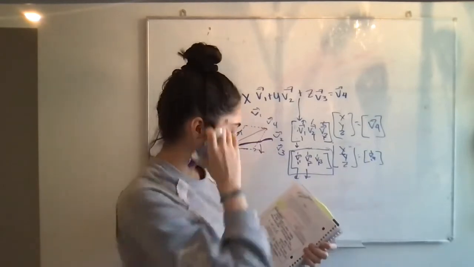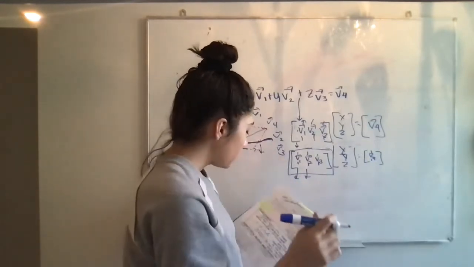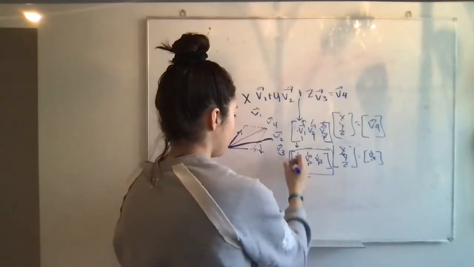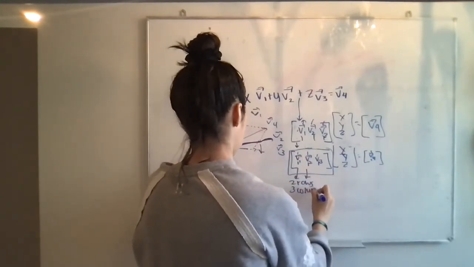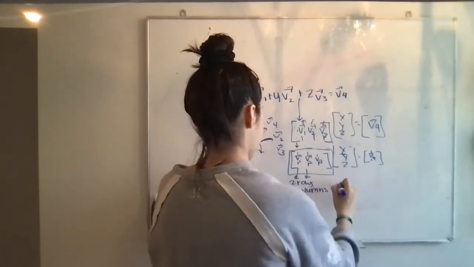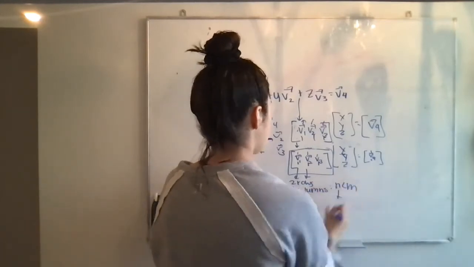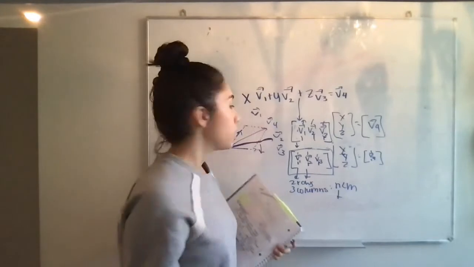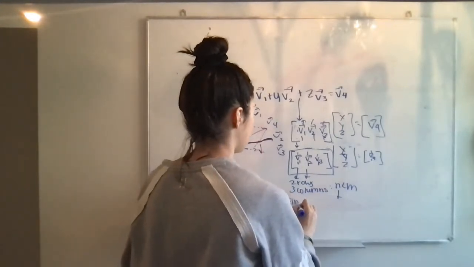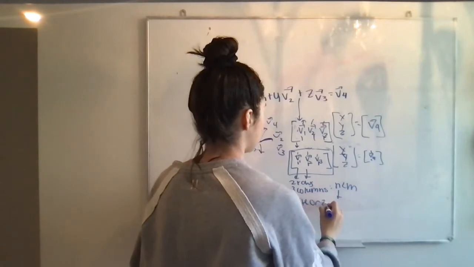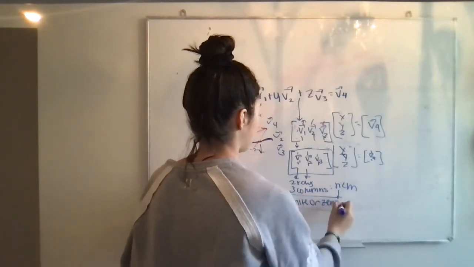We're not going to multiply them together, but we know, right? So here is 2 rows, 3 columns. What does that mean? N is less than M. So based on our rules of solutions, what can we say here? That means the solutions are either going to be infinite or 0. So let's look at why that's true.